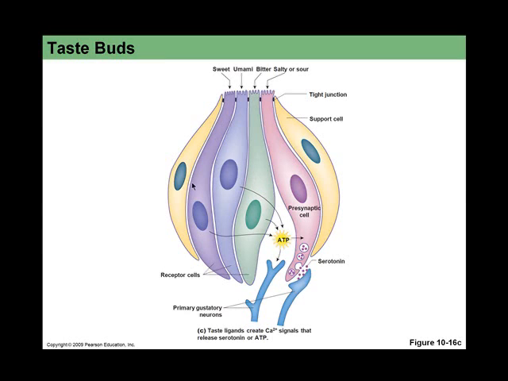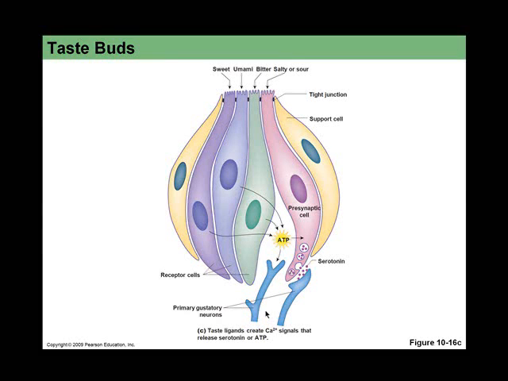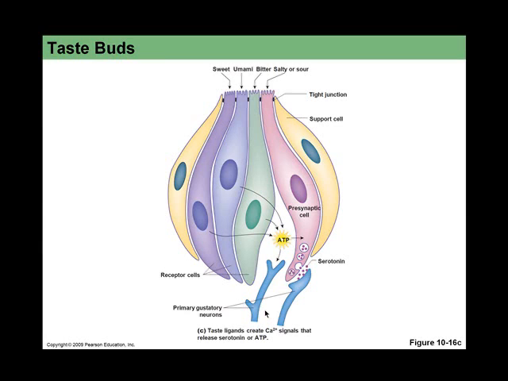And so we see that the other cell types, even though there might be some commonalities in the coupling, are all G protein coupled types of receptors, as they were with the olfactory system. But even though they may have that in common, they differ a bit in how they send their signal to the primary gustatory neurons.